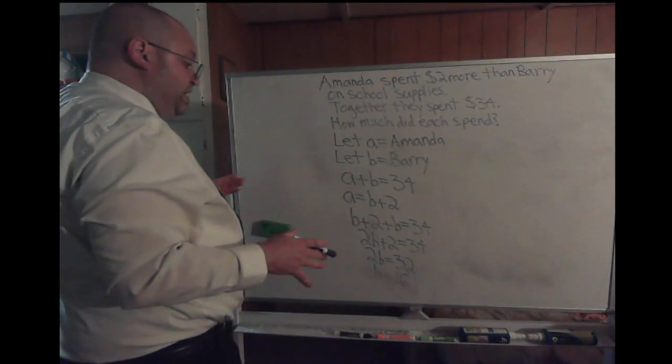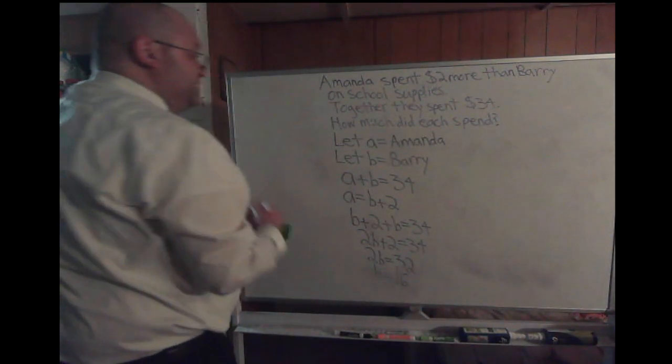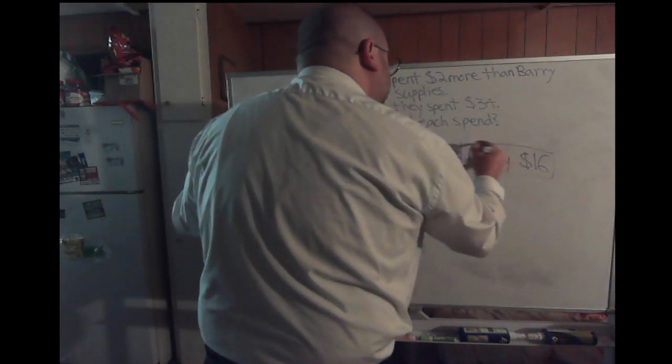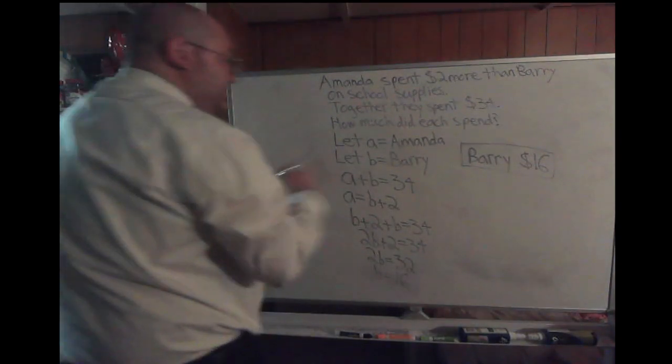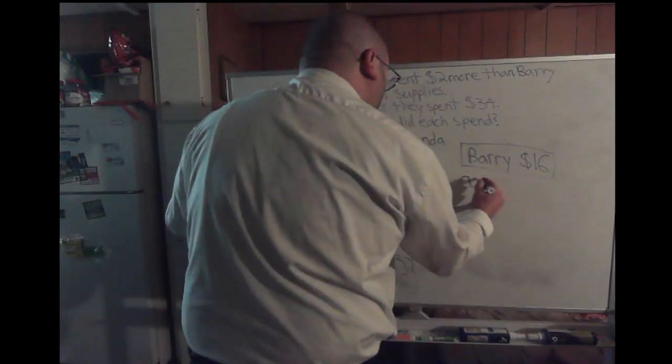Okay. So we got B equals 16, which means Barry spent $16. So we solve for Barry's. He spent $16. Now it tells us Amanda spent $2 more than Barry.